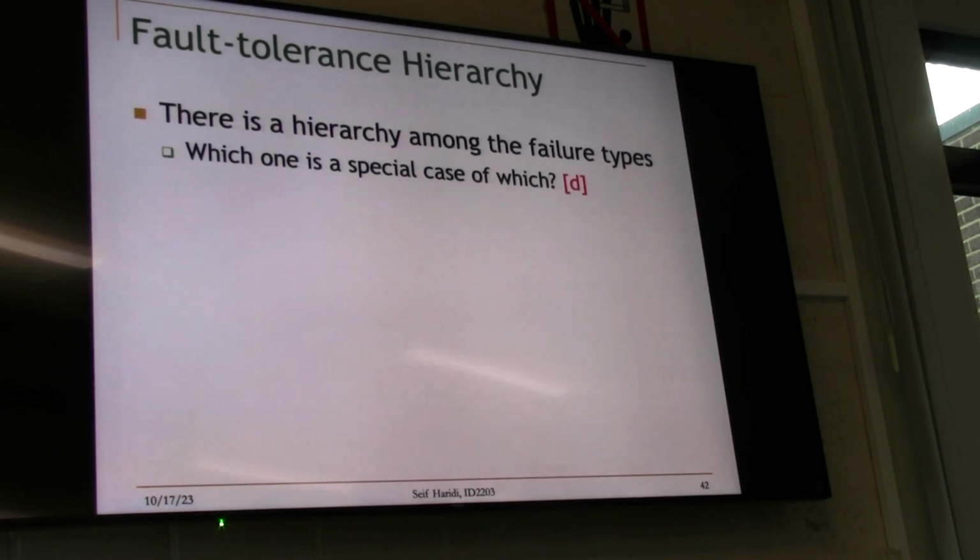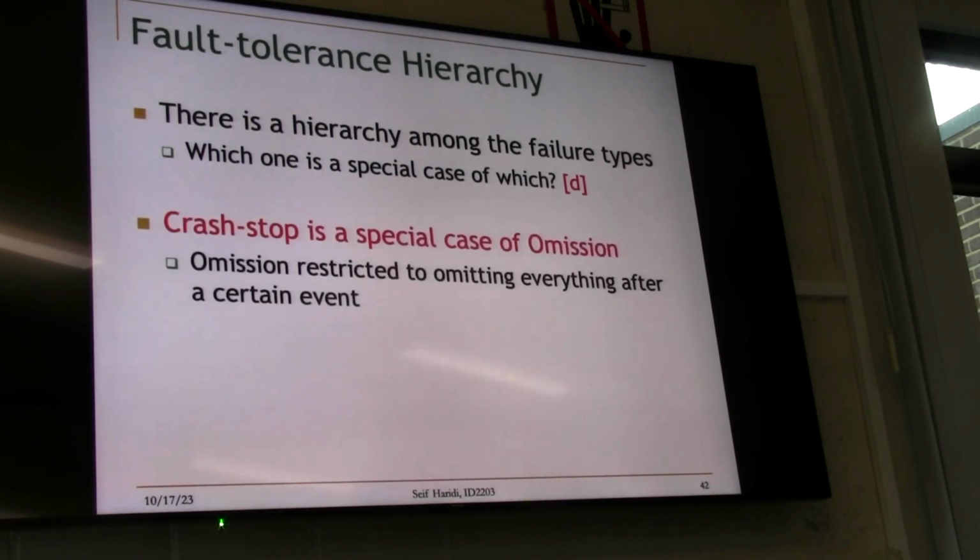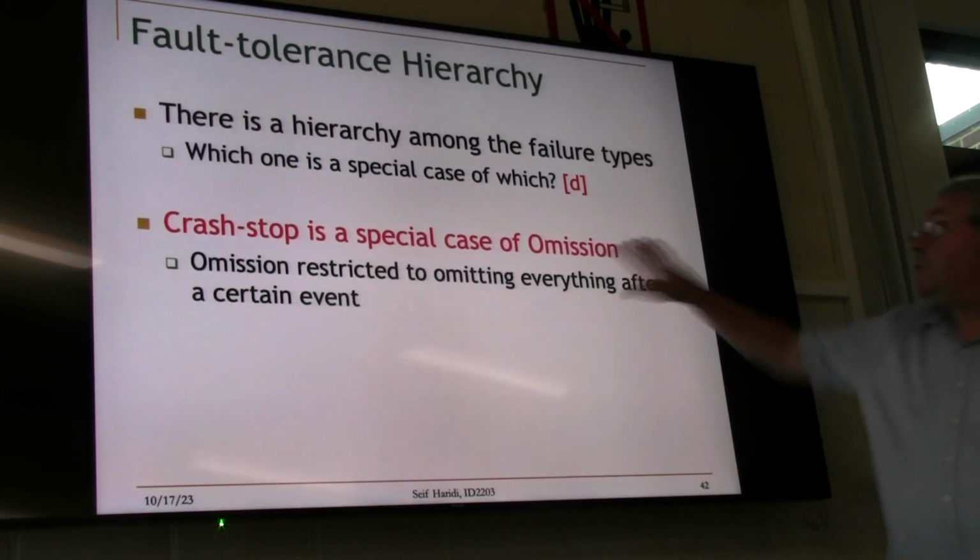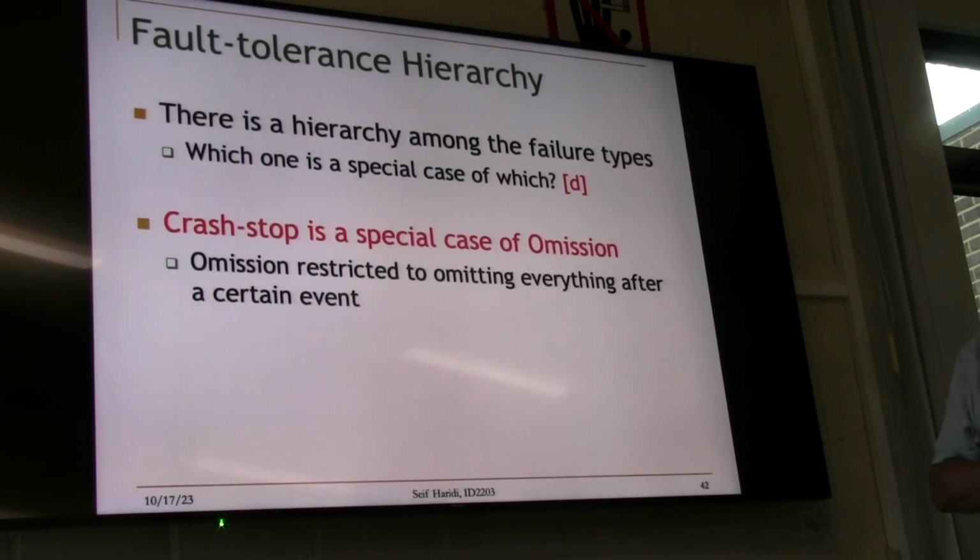So I explained then these 4 algorithms, the 4 types of failures, but there's a hierarchy. So they're actually subsets. One kind of failure is a subset of another one. One is a special case. So for example, crash stop is a special case of omission.